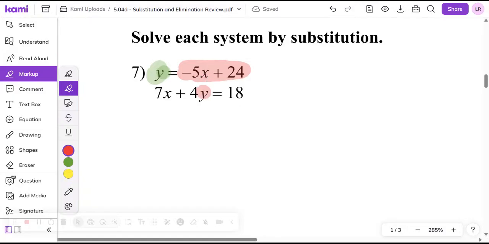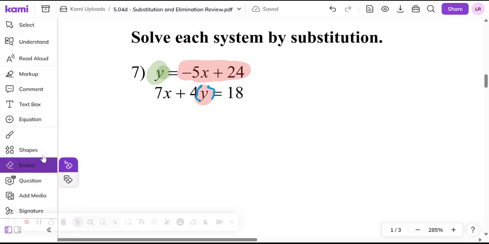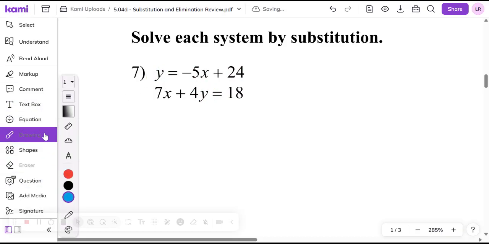So I'm going to find the y in my other problem, and I'm going to put that stuff in its place. In this particular scenario, we do have a 4 in front of this y, so we are going to have to use multiplication. As I write this, I'm going to write the bottom equation that's unsolved, 7x plus 4.